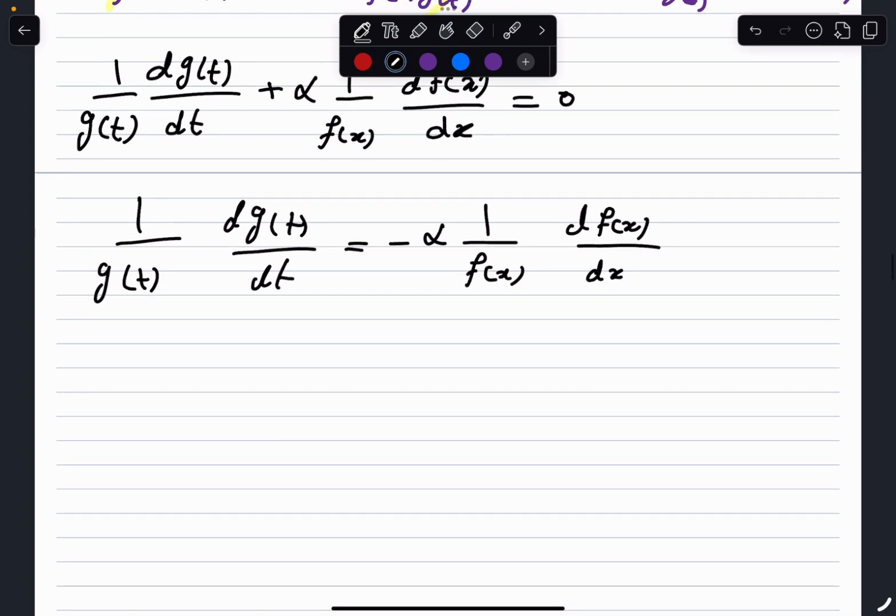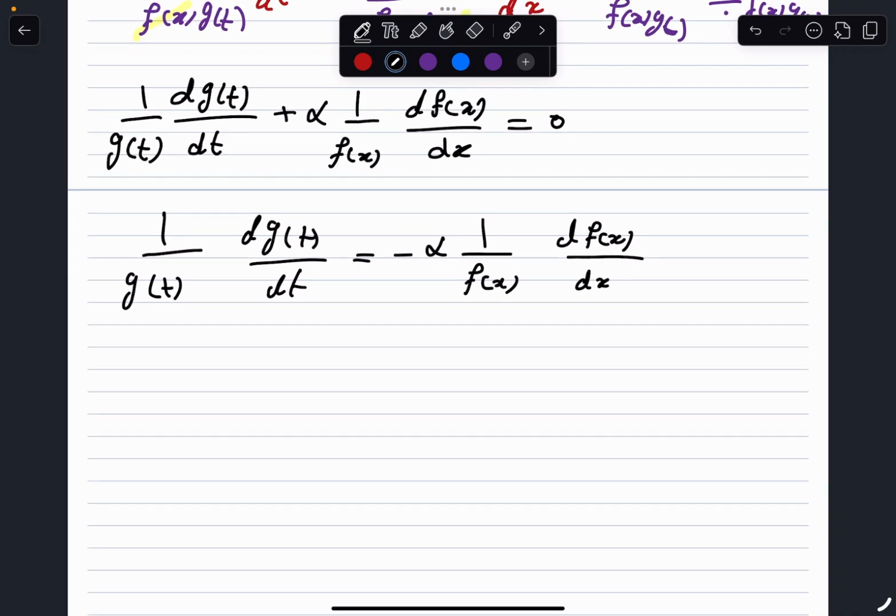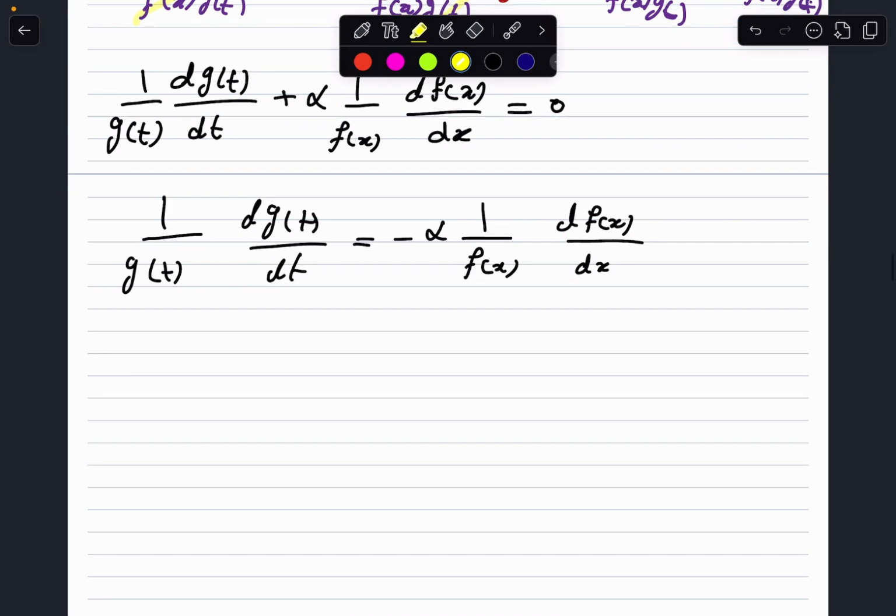Now we can use the fact. How can we see it? On the left hand side I have an expression which depends only on t. So I have g of t and 1 over t. This all depends only on t. And on the right hand side I have an expression which depends only on x. Of course alpha here is a constant.